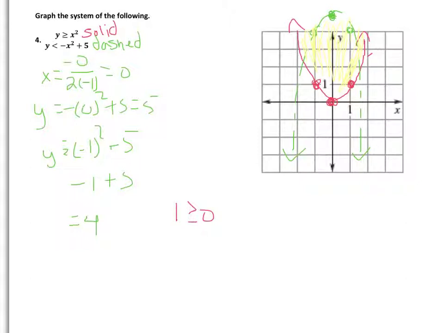It was true. Use the same point for that: 1 is less than negative 0 squared plus 5. Is 1 less than 5? Yeah. So for that point, I would also shade inside.